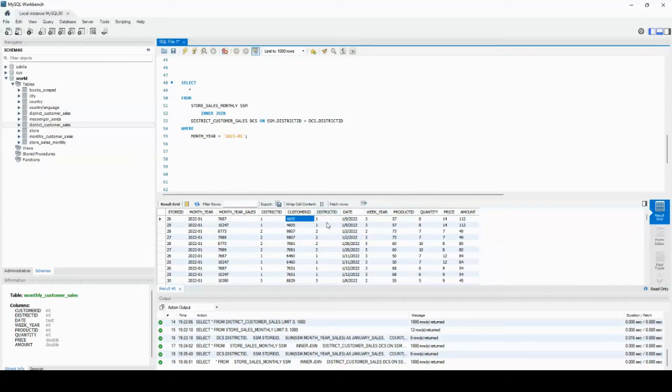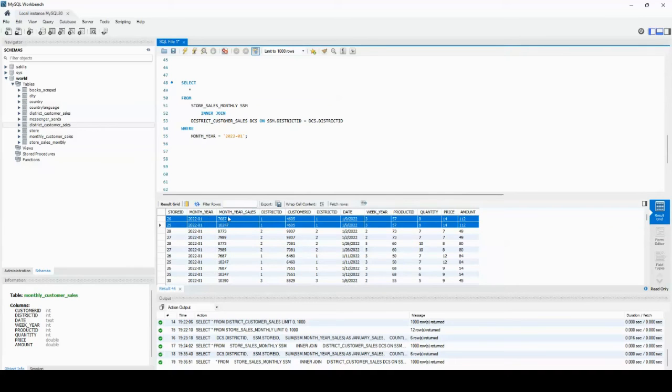Because when we're counting by district, each customer is going to be counted once per store within that district. Just looking at this top example here, customer 4605 was counted as being at store 25 and store 26, which is why we had those same 2 customer count numbers.